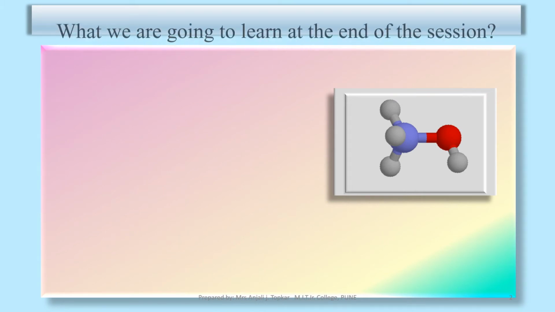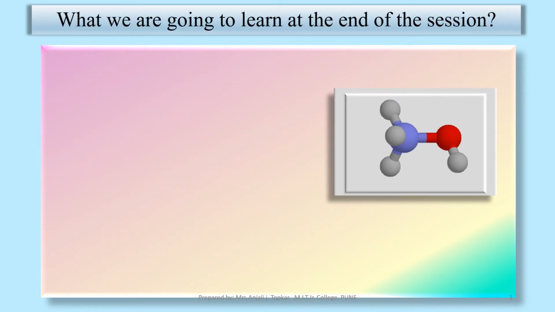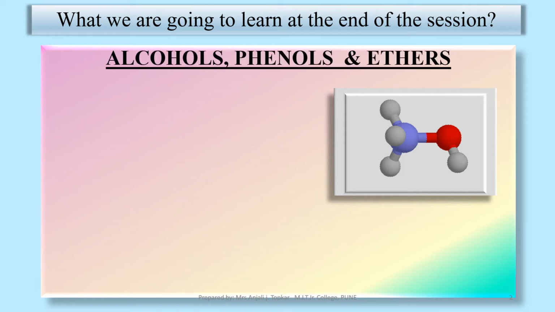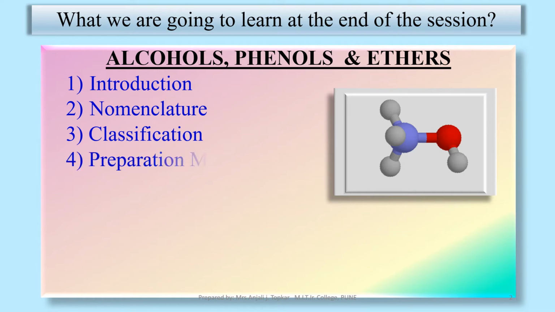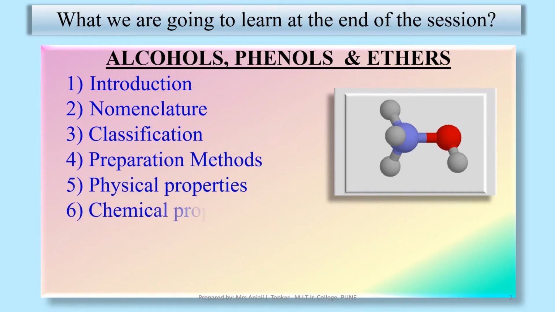What we are going to learn at the end of the chapter is alcohols, phenols and ethers. Related to them, first we are going to see the introduction, nomenclature, classification, preparation methods, physical properties, chemical properties and uses.